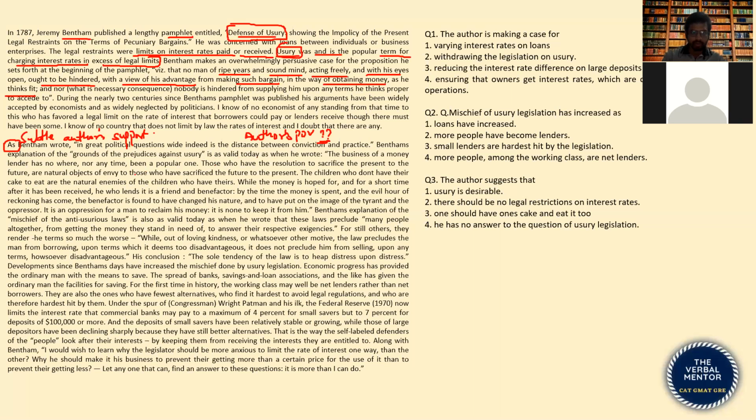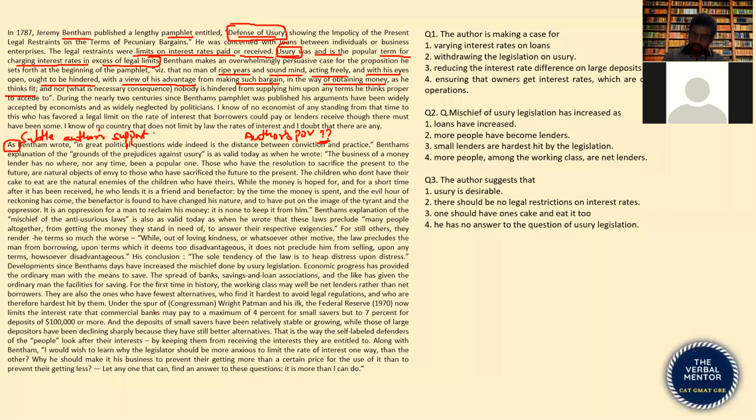Bentham's explanation for the grounds of prejudice, and so on. I'm going to skim through the passage now. I've understood Bentham's point of view. Is there an author's point of view? That is all I'm looking for now. Okay. And I see most of the passage is in quotes now.